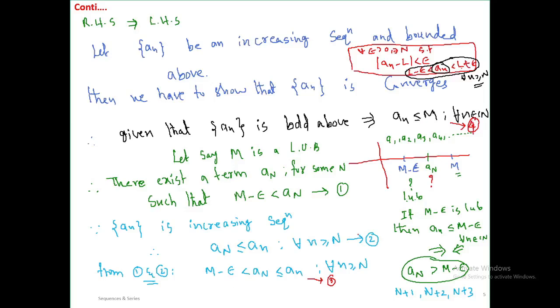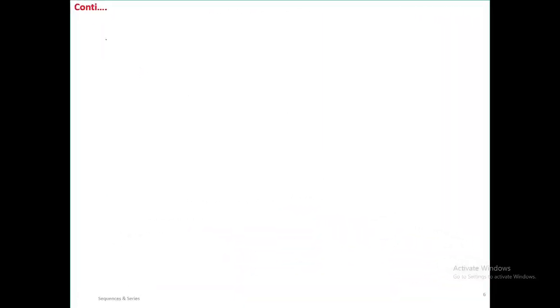So from 3 and 4, m minus epsilon is less than capital N, less than or equal to an, and this is less than or equal to capital N. That's it.